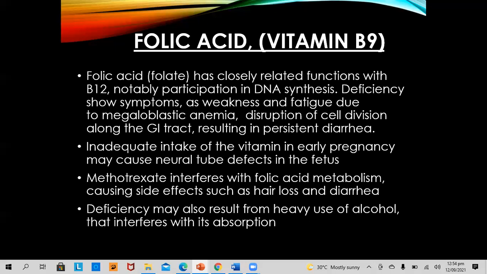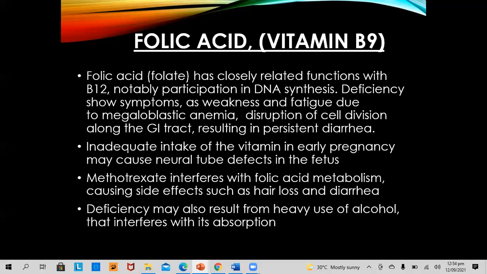Deficiency shows symptoms of weakness and fatigue due to megaloblastic anemia, and disruption of cell division along the GI tract resulting in persistent diarrhea. Inadequate intake of the vitamin in early pregnancy may cause neural tube defect in the fetus. That is the rationale of giving folic acid to pregnant ladies.